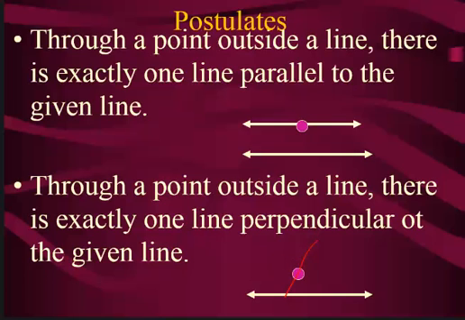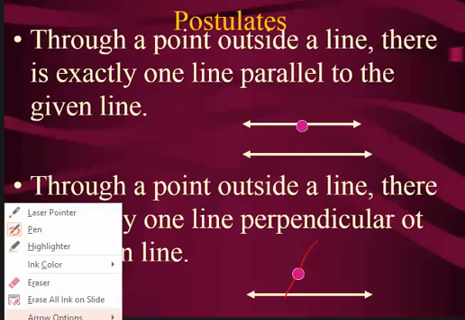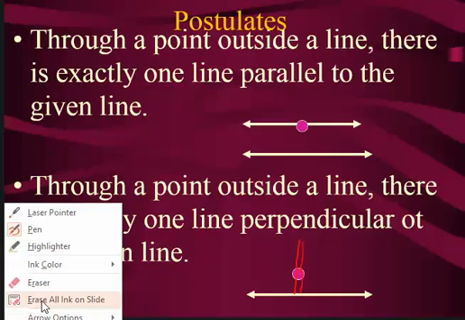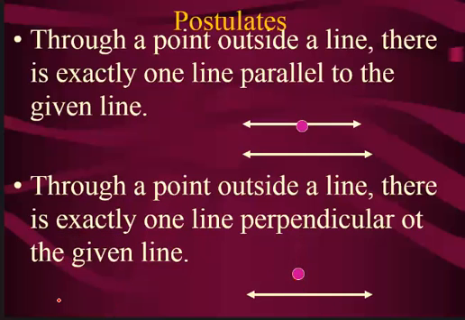Is that perpendicular to the existing line? No. How many lines can I draw through that point that's straight down? Remember, this point actually has no size. Yeah, it looks kind of big there, so you might argue you can draw a couple of lines in there. But the point has no size, so we really can't draw more than one line through that point, so that it would look something like this.